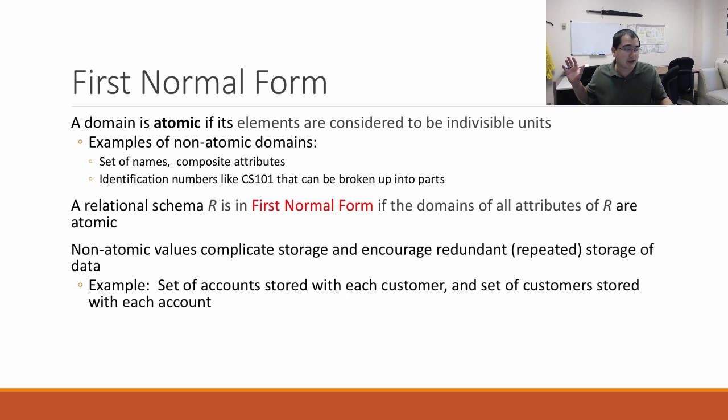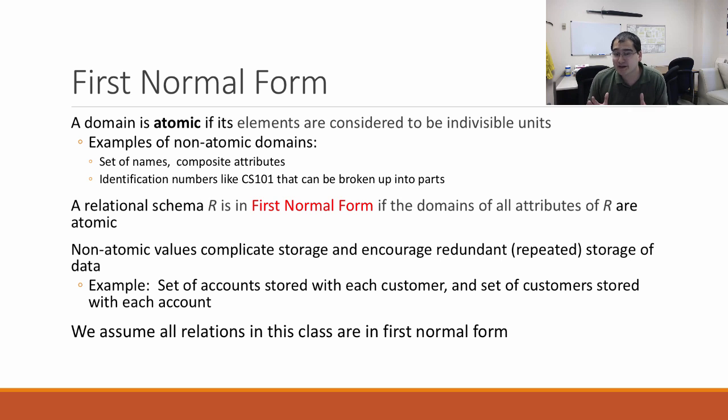If we have this set of accounts associated with each customer, it becomes really hard to say, is this customer part of this account? Because we'd have to look through this non-atomic data type. We'd have to reach into a particular element and say, oh, is this customer ID number anywhere in this list? In reality, it's better to structure your data to be atomic so that the database itself can say, oh, I can really easily combine rows. I can really easily join things to determine the correct answer here.